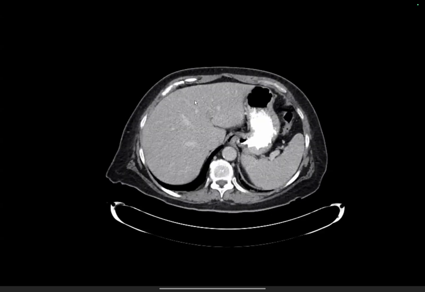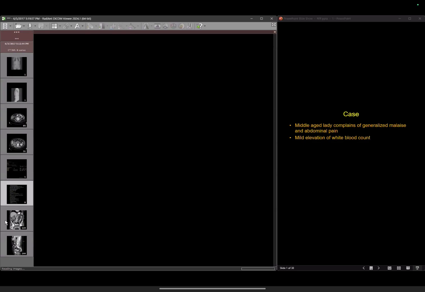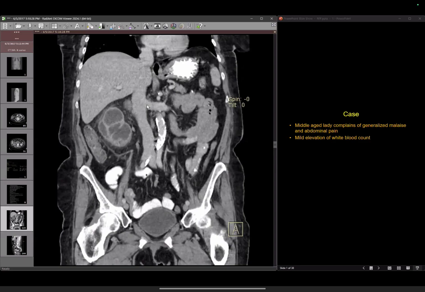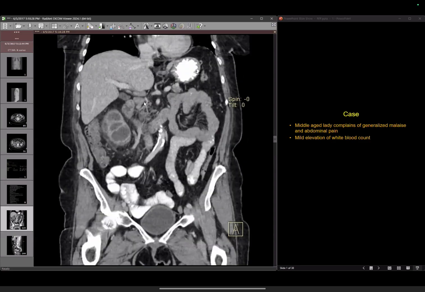Let me show you the coronal. Bring it up. So this is the coronal images. And again, scrolling back to front.